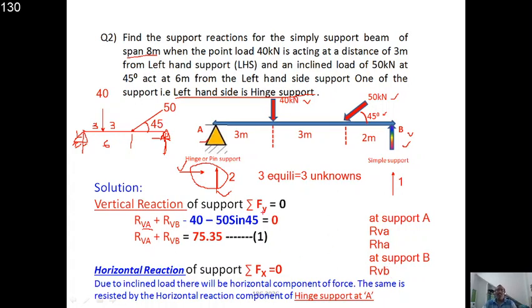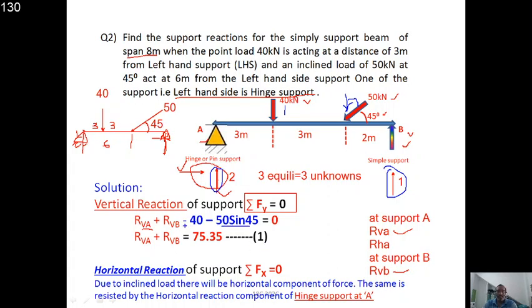So with this knowledge, we use the equilibrium conditions. Sigma Fy equals 0. RVA and RVB are both in the upward direction, hence positive, and the loads are downward, therefore 40, and the 50 kilonewton load also has a vertical component after resolution, so 50 sin 45.